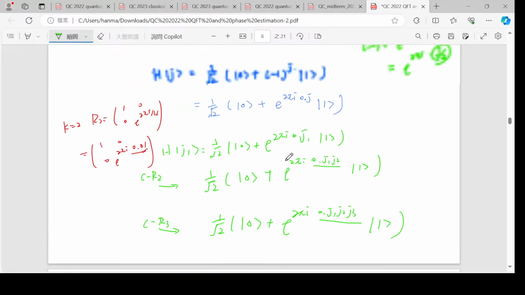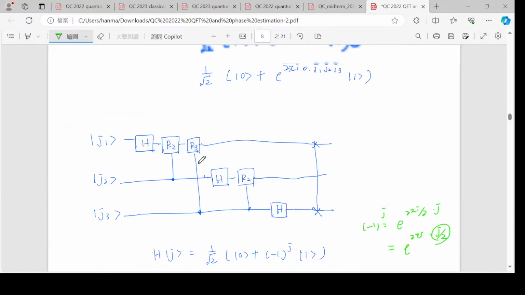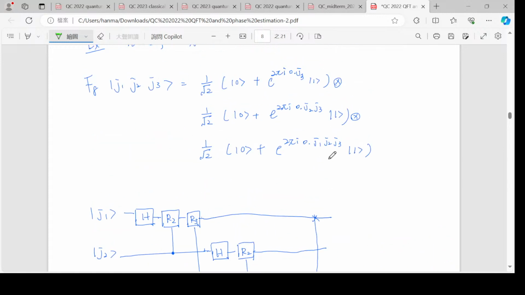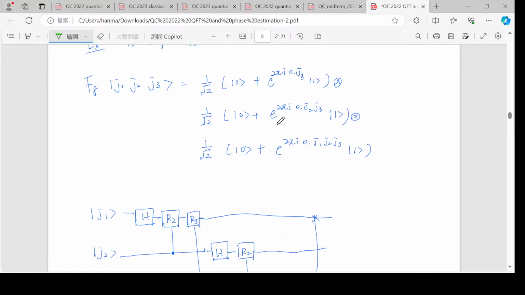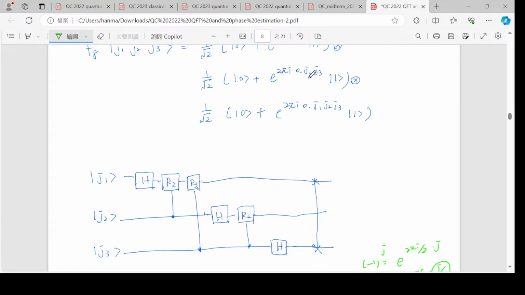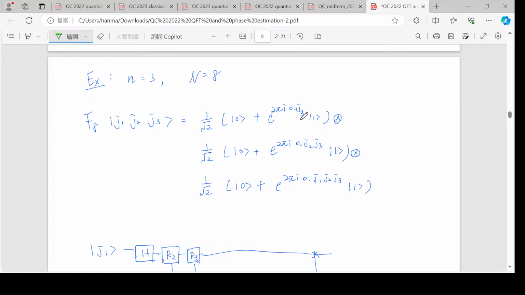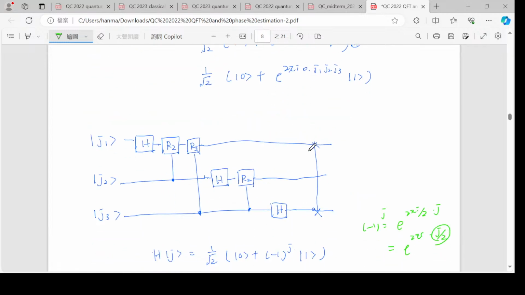Okay, so this small calculation shows that H1, Control R2, Control R3 turn the first qubit into this qubit here, and similarly H, R2 will turn things into this, because H gives you this 0.J2 and this R2 gives you this 0.0J3, and finally this H turns this qubit into 0.J3.